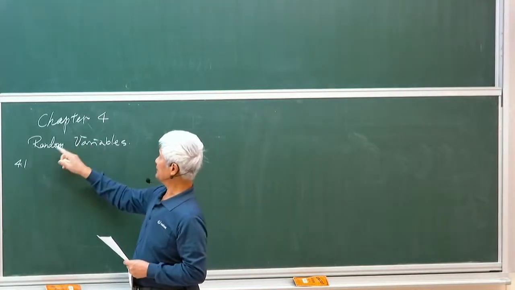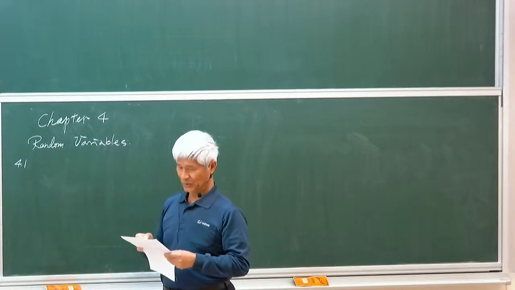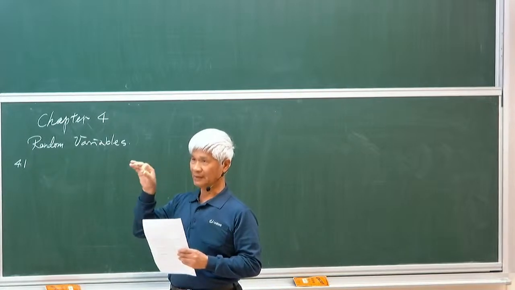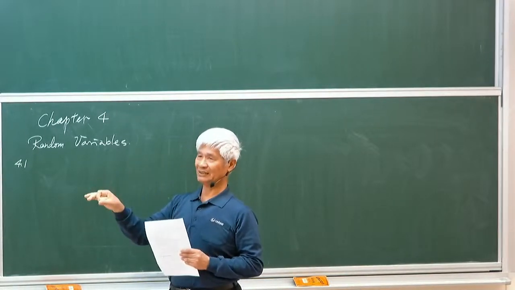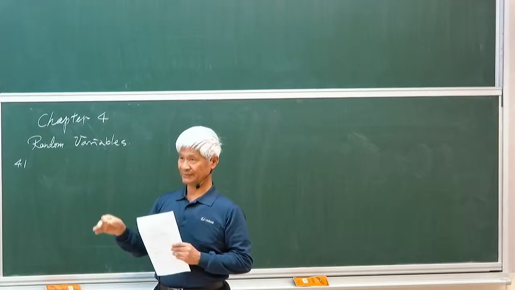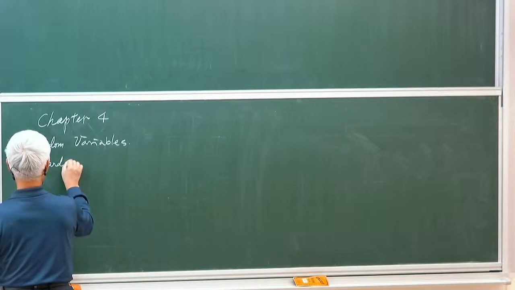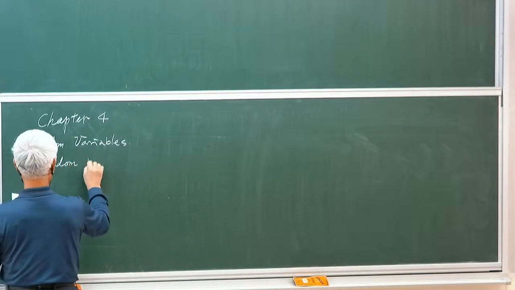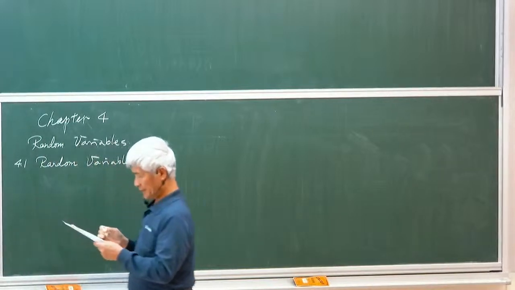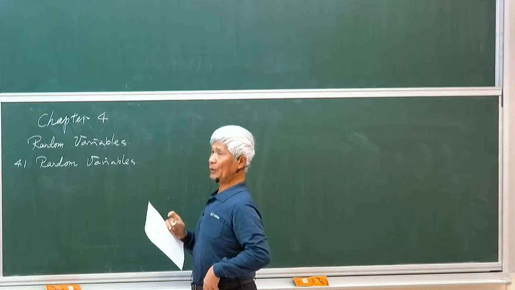But because of the title of this chapter, I would like to give an exact definition of a random variable, no matter whether it is discrete or not. Okay, all right. So this section, I think, is important.